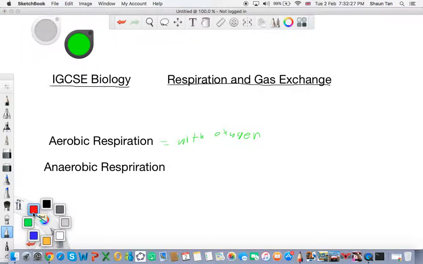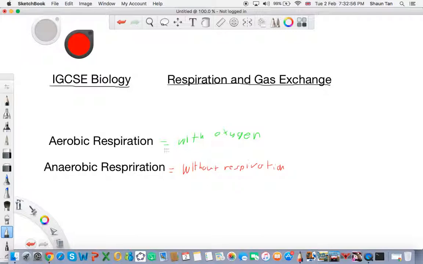And anaerobic respiration is without oxygen. So these are the main concepts.